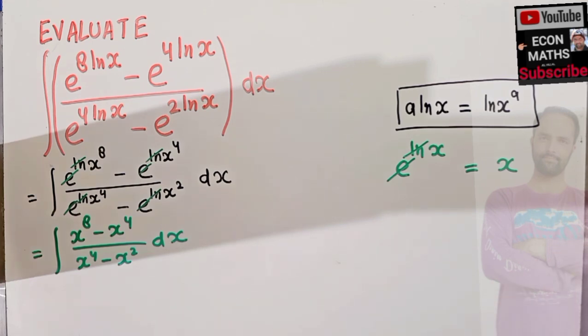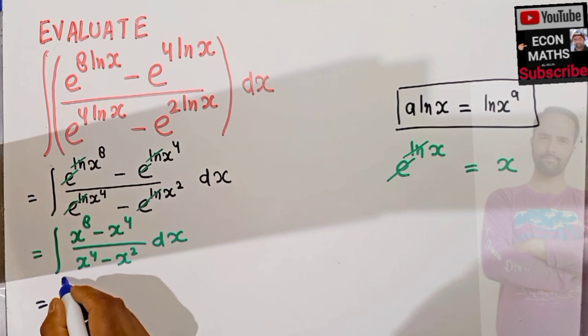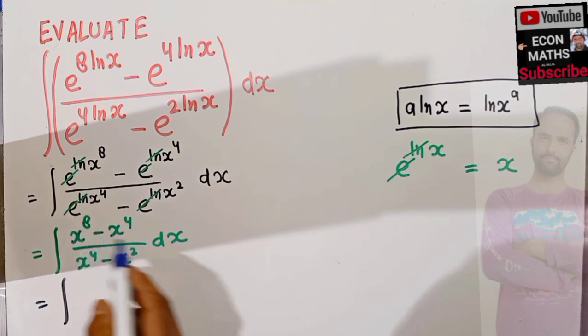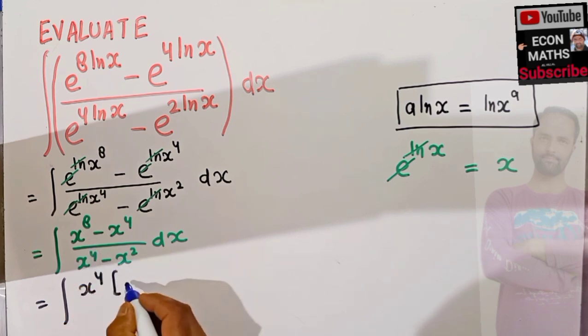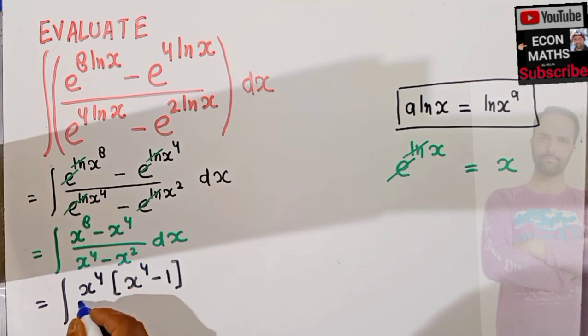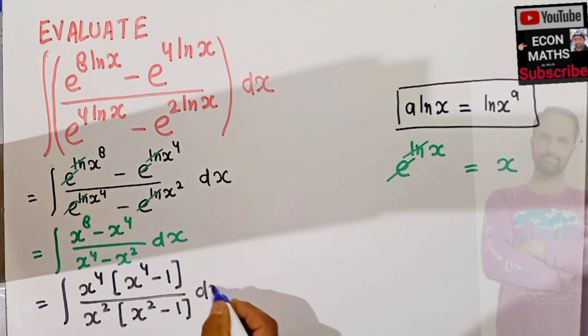Now we can do one thing: let us take x^4 common in the numerator, so we are left with x^4 times (x^4 minus 1), and similarly let's take x^2 common in the denominator, so we are left with x^2 times (x^2 minus 1) dx.